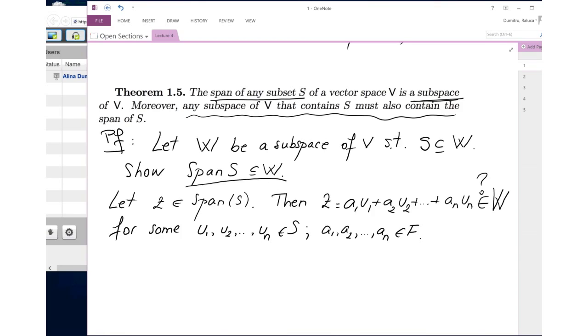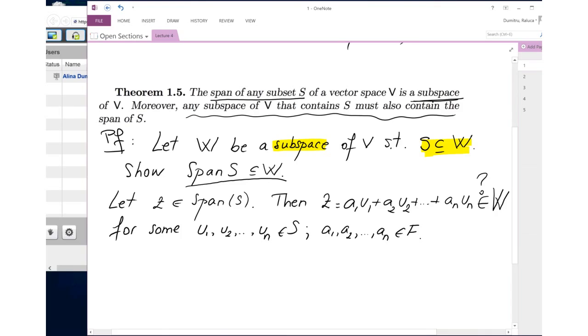So let's see, what do we know about W? We know that it is a subspace, right? So it's closed under addition, scalar multiplication, whatever you want. It's closed. And more than that, we know that it contains any vector that S has, right?